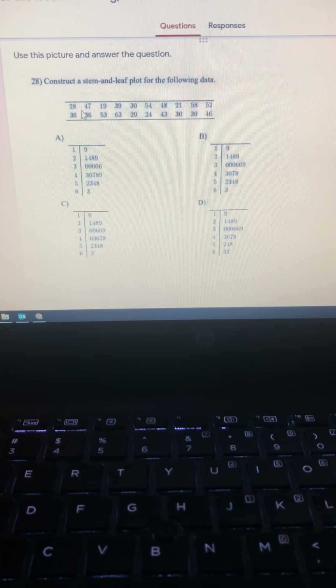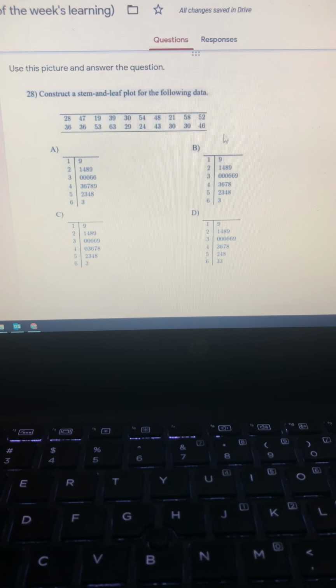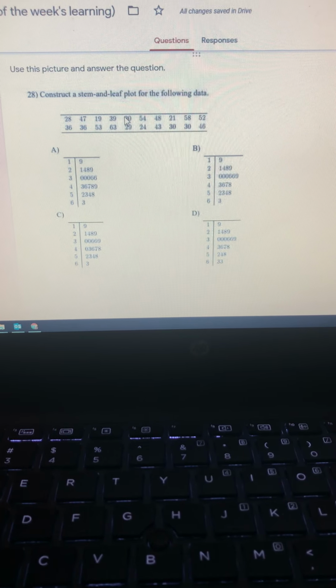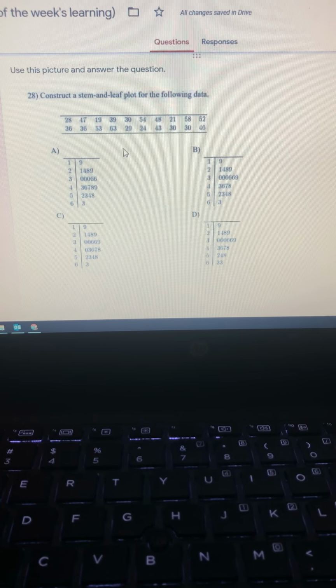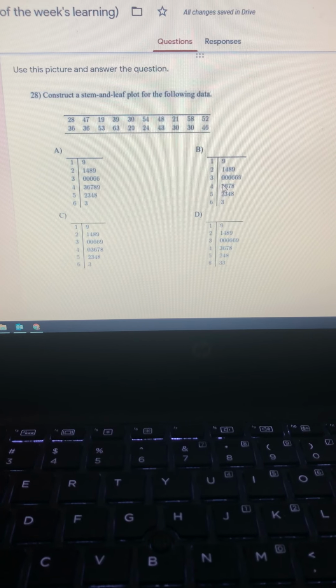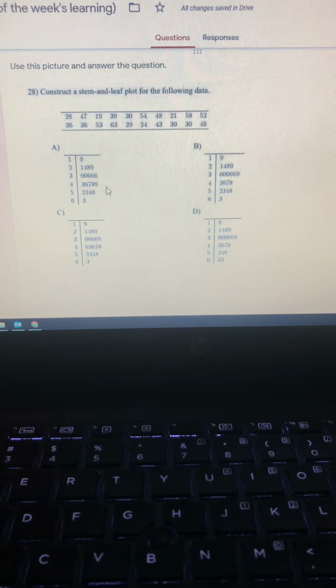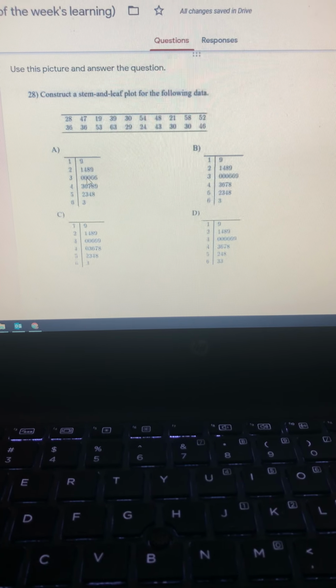And we can see the mode in this is going to be 30. So there's 1, 2, 3 30s, and then that's it. We have 3 30s here and then 3 30s here. This one has 3 30s as well.